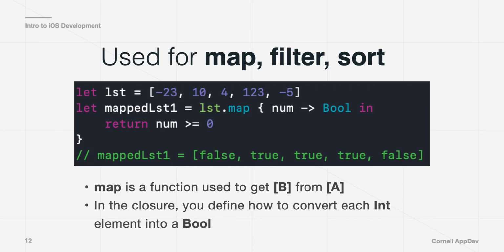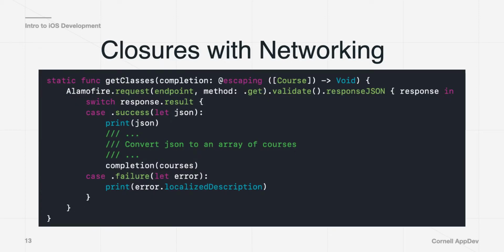Right now, we map it to true if the number is greater than or equal to 0, and false otherwise. So then this mapped list becomes false, true, true, true, and false. Map is a function for how you get from an array of objects B to an array of objects A, and this closure defines how you convert each element into the bool.